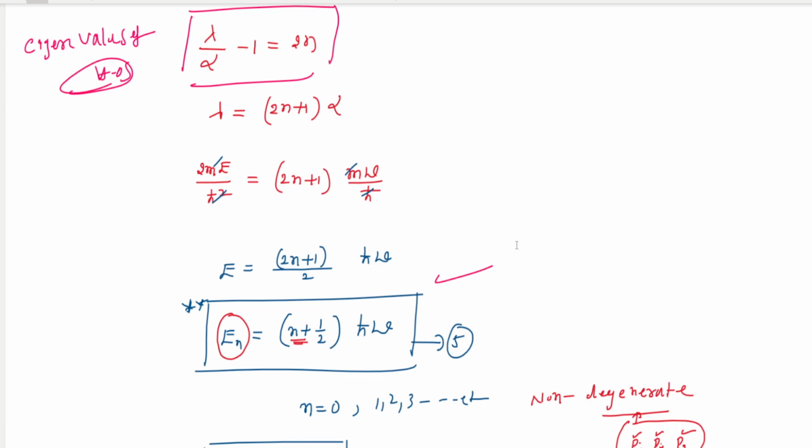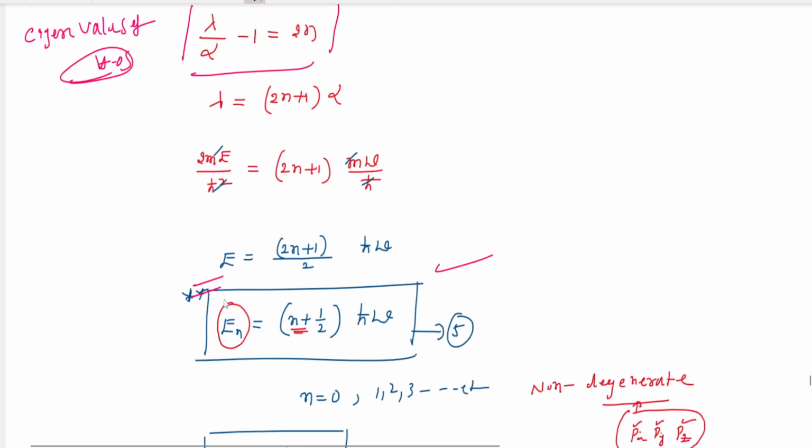So very important. The eigenvalue of the harmonic oscillator is equal to n plus 1 divided by 2 times h cross omega. So from this equation, I'm going to give some important points. Number 1 point: the lowest energy of the oscillator is obtained by putting n equal to 0.